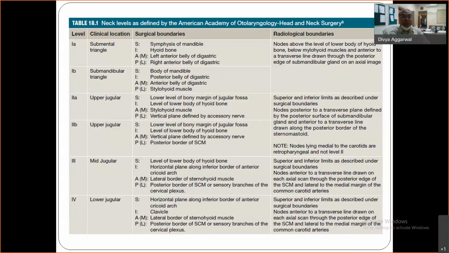Then comes the mid jugular. Mid jugular is basically along the SCM from the hyoid to the inferior border of the anterior cricoid arch. I'm cutting a bit short for the sake of time. Lower jugular is from the lower border of the anterior cricoid arch up to the clavicle along the SCM.